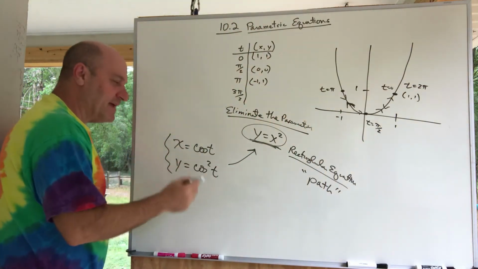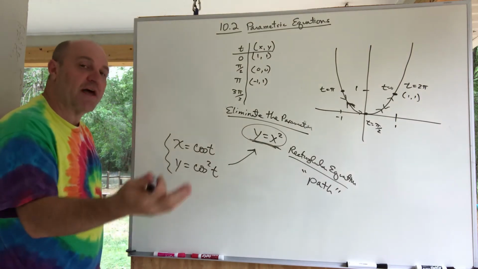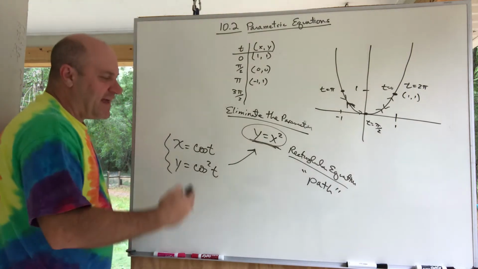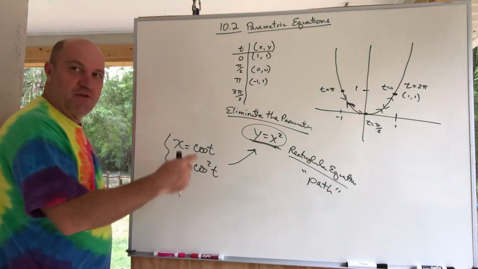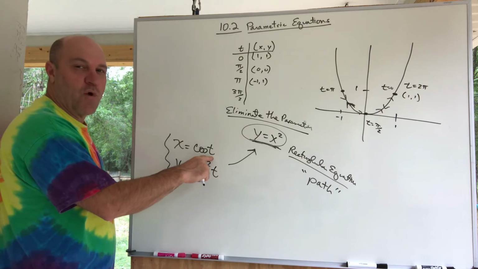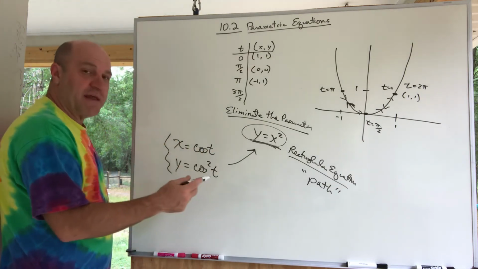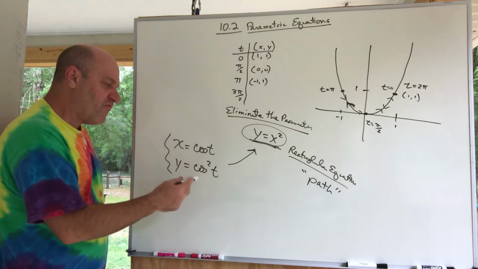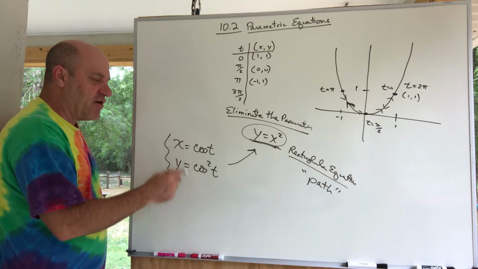Let's talk about it like this. What is the domain? What can you plug in for t as the domain? That can be restricted, it can have domain issues, but usually, like on this, you can plug in anything you want for t. What's more interesting is the range. What is it going to spit out? Not the range for y, but the range for each variable independently.